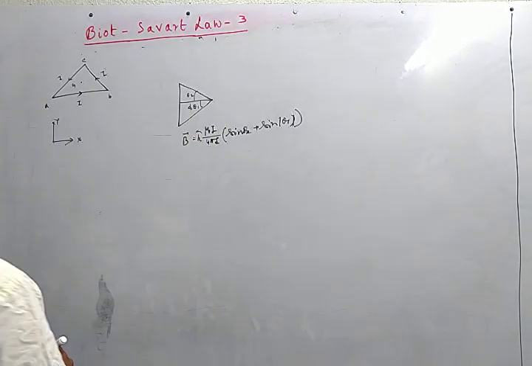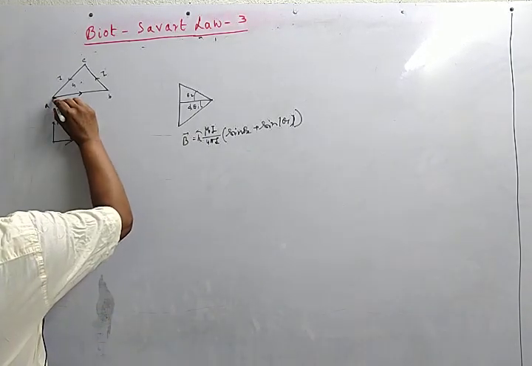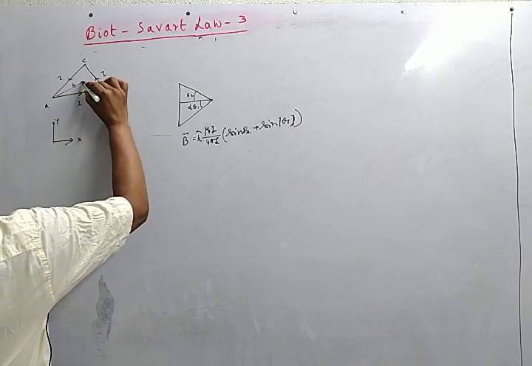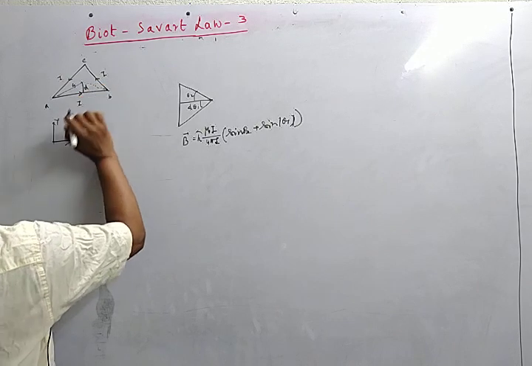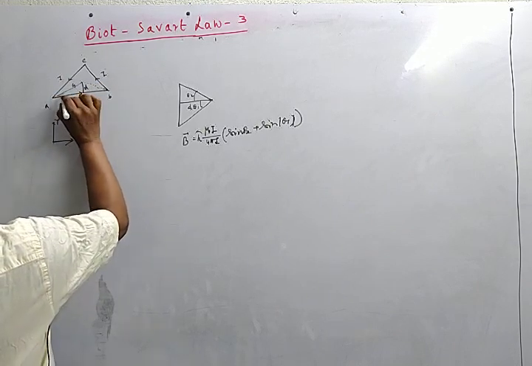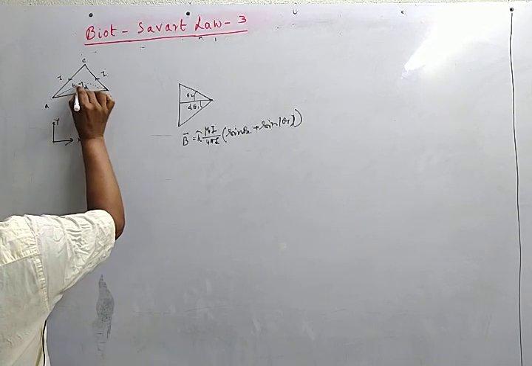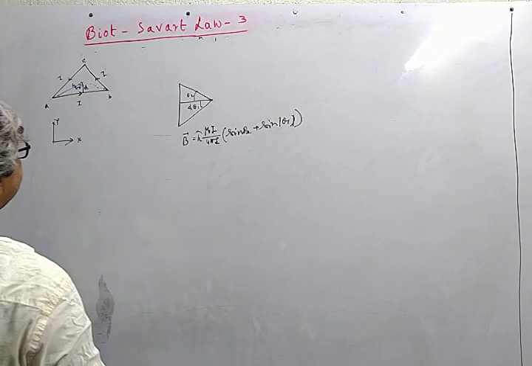So for this, this is the distance d, and this angle is 60 degree, this angle is 30, so this angle is 60 degree.